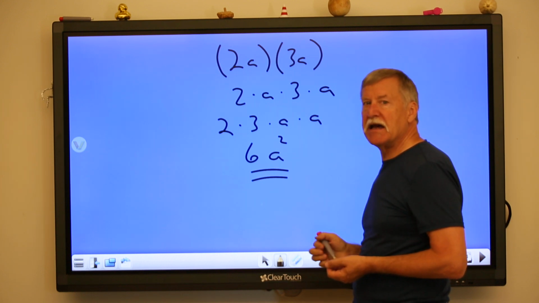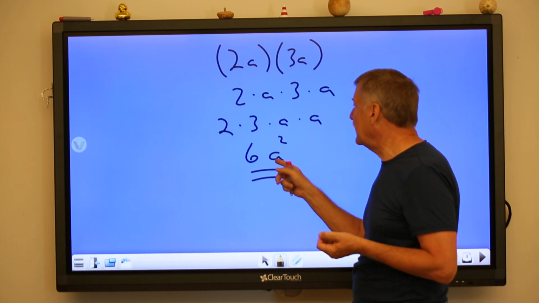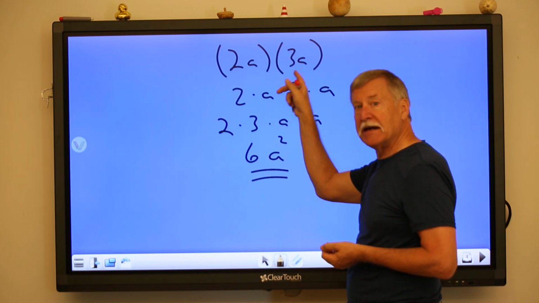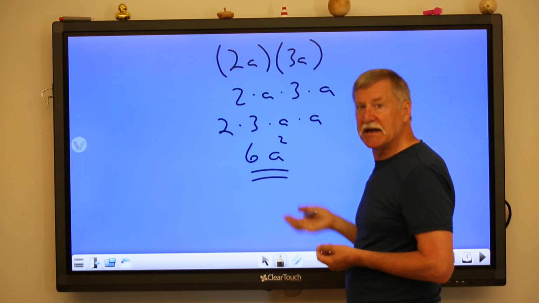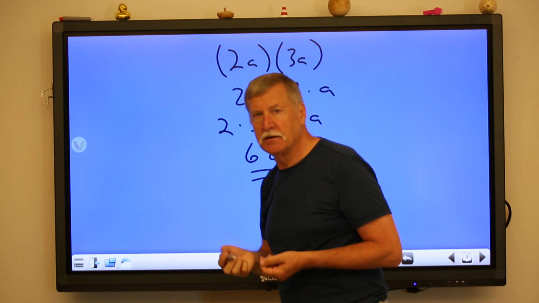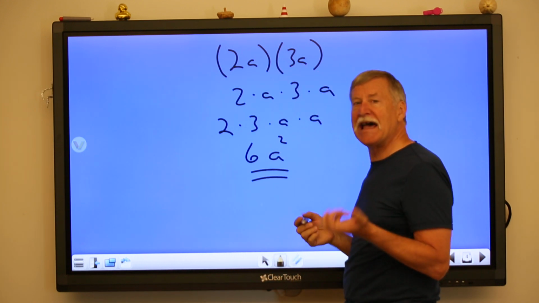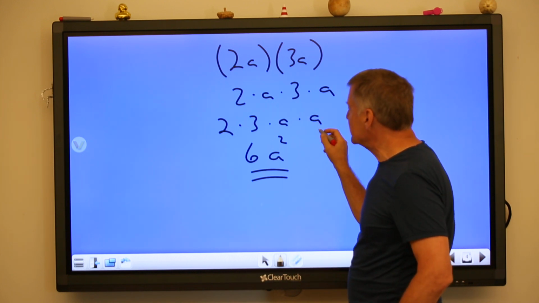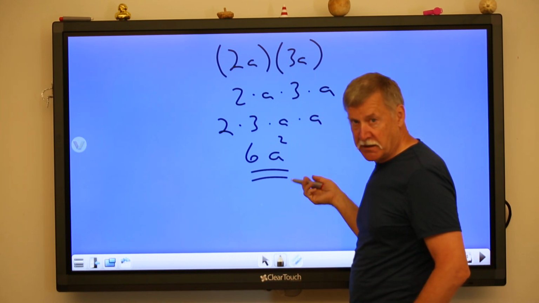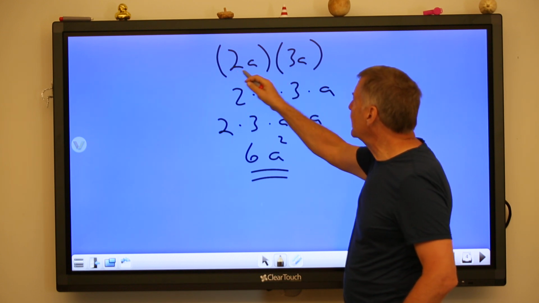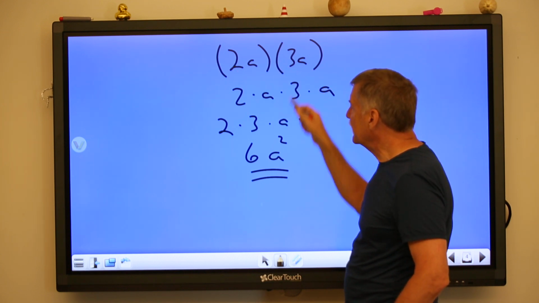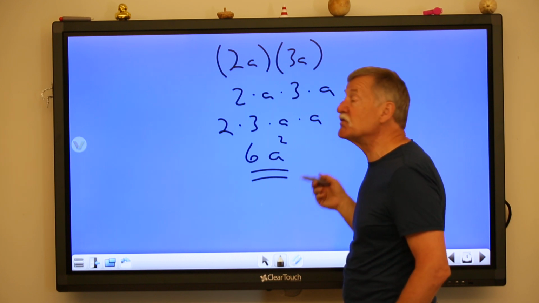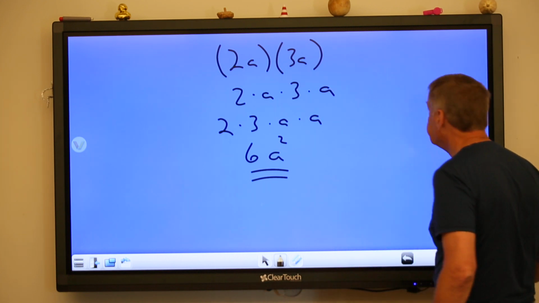And a times a is a twice, or a to the second power. In this case, the variable a changes its exponent when multiplied, which is different than adding, all right? Because a times a makes a squared. So 2a times 3a is 2 times 3, 6, and a times a, a squared, all right?